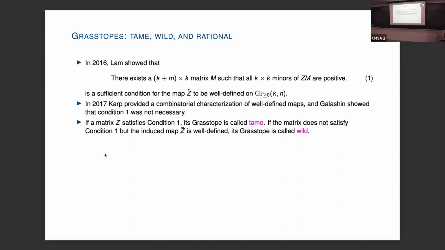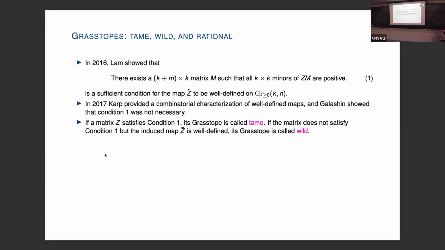In our work, we decided to consider Grasstopes. Tame Grasstopes for m equals 1 had been covered by Williams and Karp, but we wanted to study wild ones.